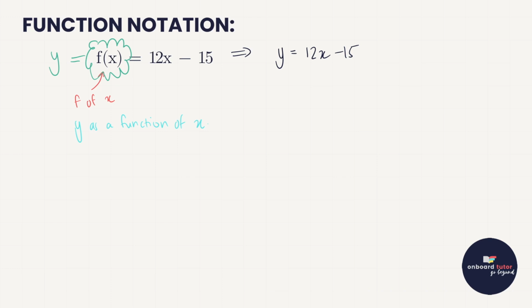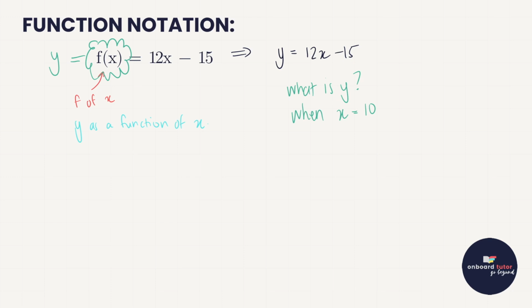Okay, but function notation is extremely useful because we can actually use it to find specific points on the graph. In other words, if I wanted to know, for example, what does y equal to? So what is y when x is equal to a specific number? So let's say when x is equal to 10, how much does y equal?